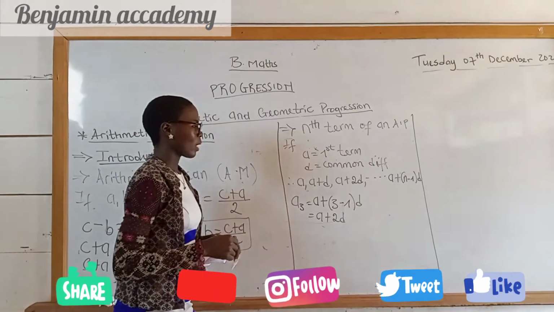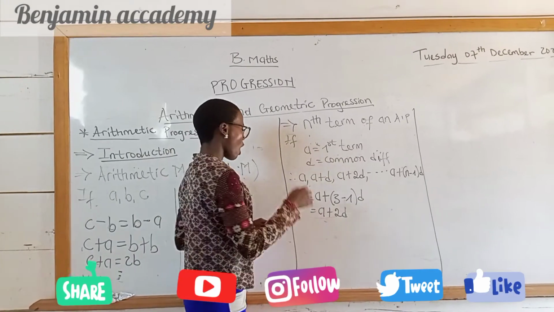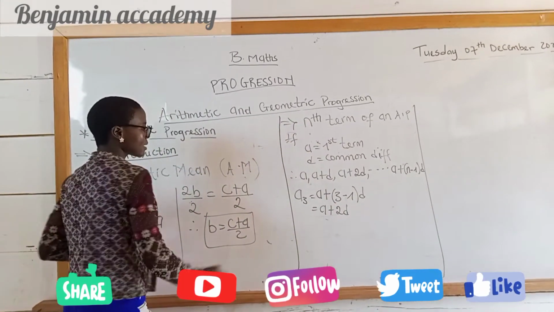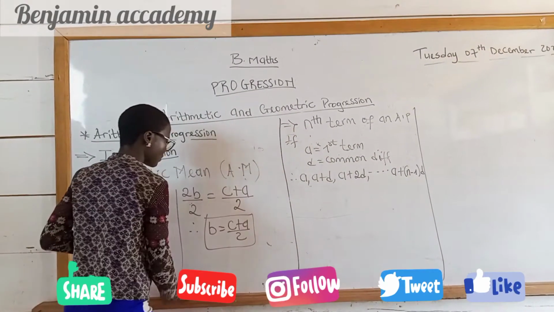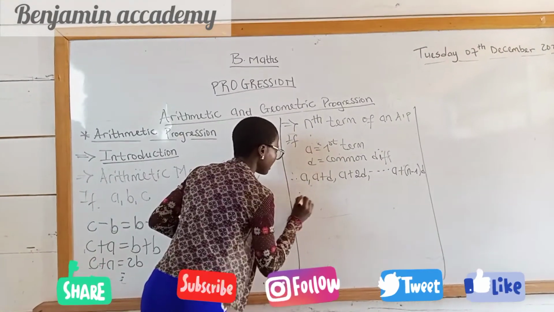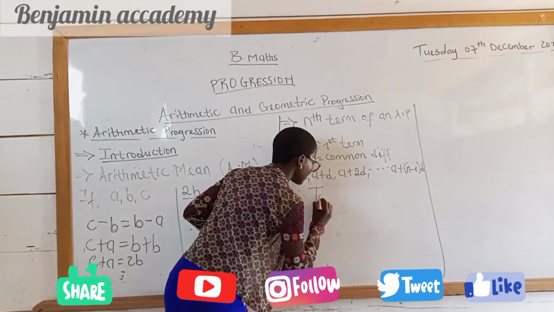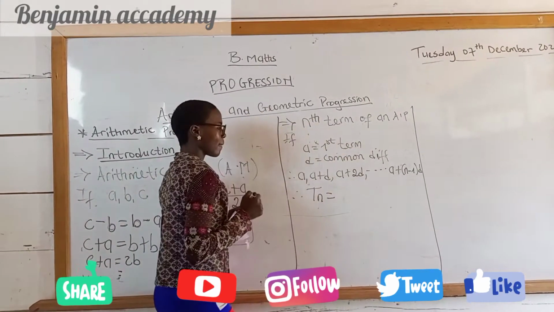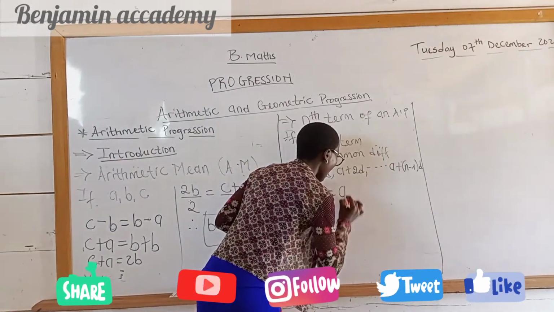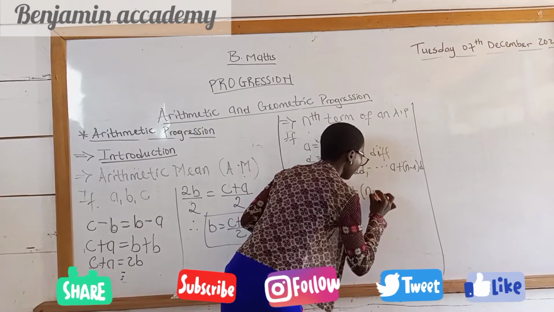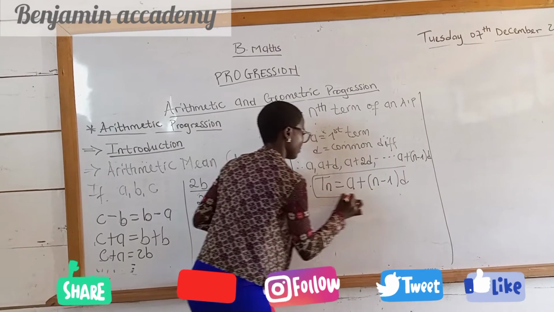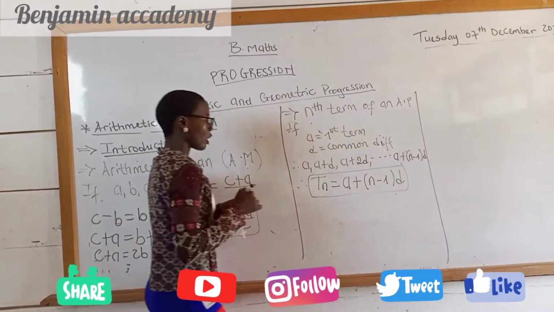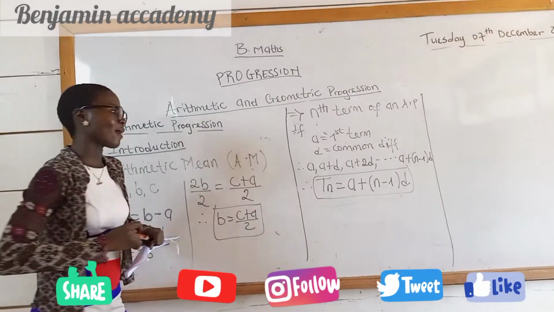That's how we got this one. This therefore means that the nth term, Tn of an AP, is gotten by A plus (n minus 1)D. That's what you do to calculate the nth term of an AP.